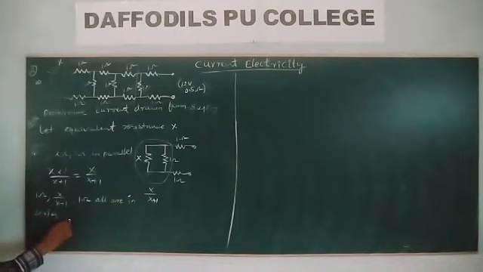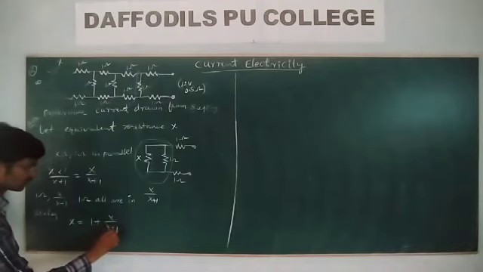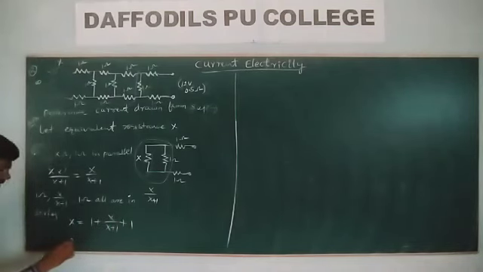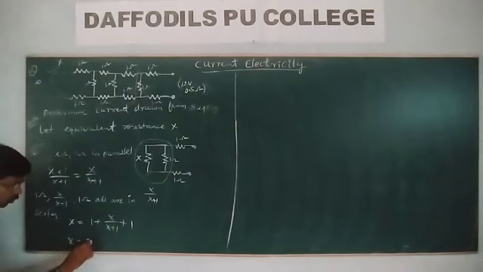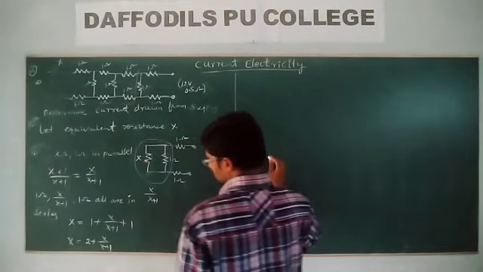So what is the equivalent resistance? But we have taken the equivalent resistance equal to X. Then 1 plus X by X plus 1 plus 1, which is equal to X, is equal to 2 plus X by X plus 1. Now do the calculation.